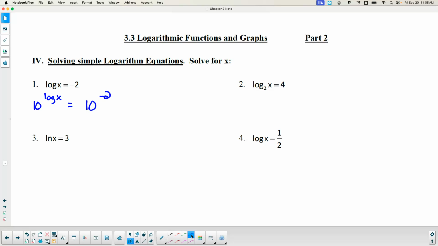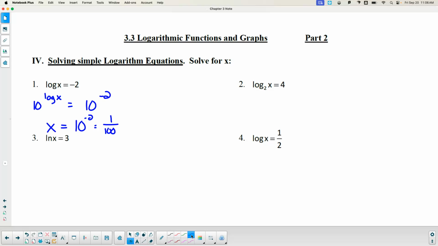You could take it and you could do that. What that does is what I was just talking about. Now the base of the exponential term is the same as the base of the logarithm in the exponent, so those just cancel each other out, and then we get x equals 10 to the negative 2 power, or 1 over 100.